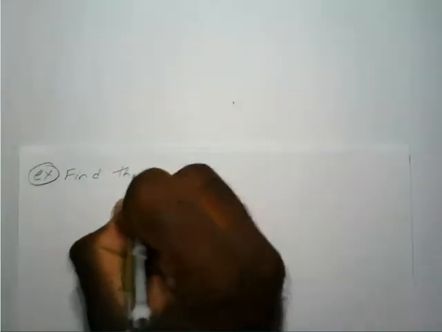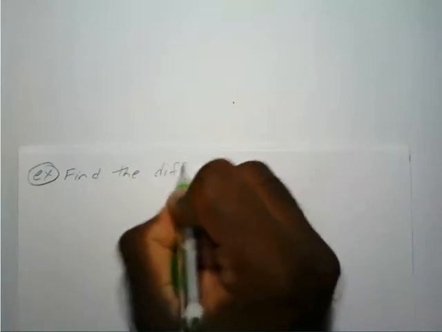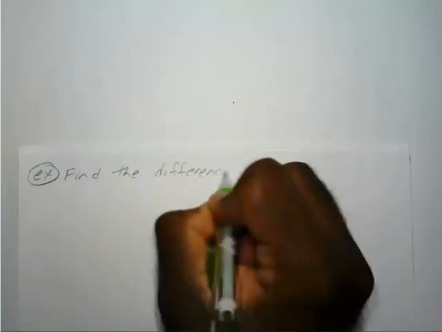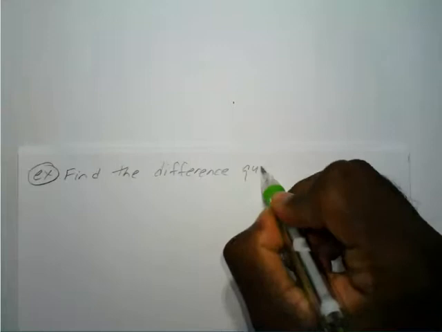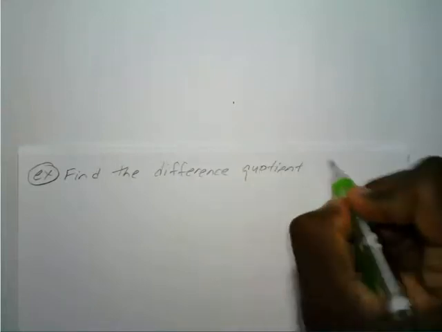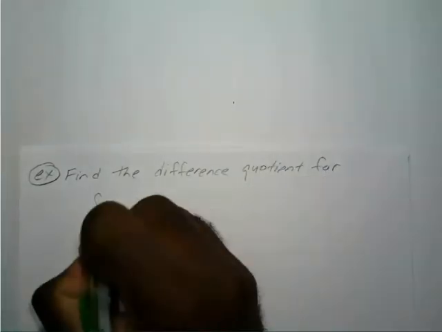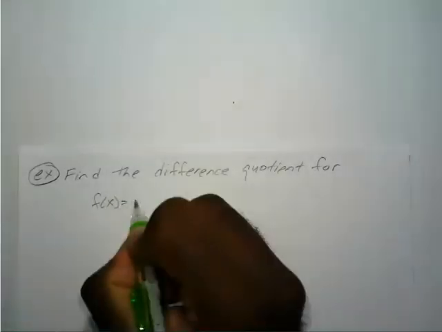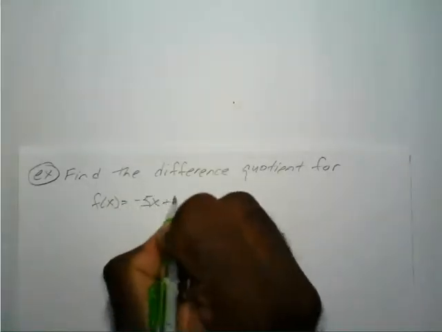Let's say, for example, we want to find the difference quotient for f of x equals negative 5x plus 7.